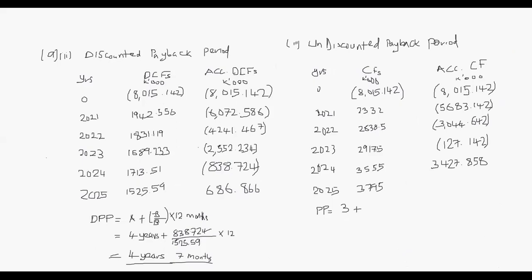Here now we need to know the exact number of months. So we say 127.142, the last negative, divided by this one in 2024 under the cash flows, 3,555, times 12 months.